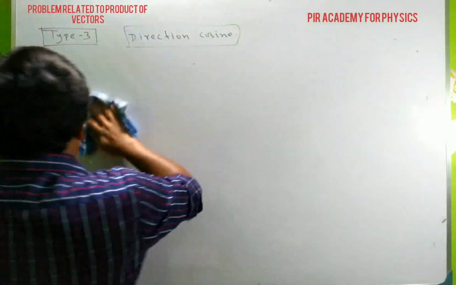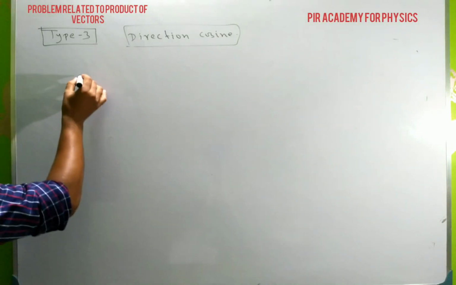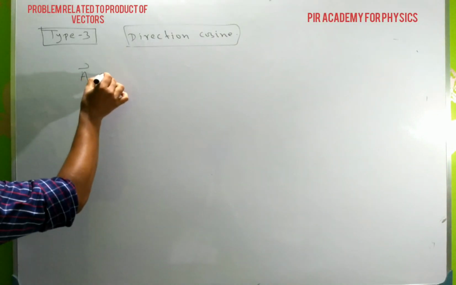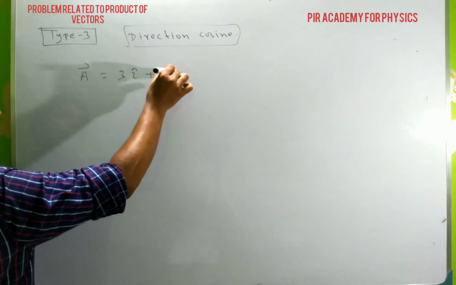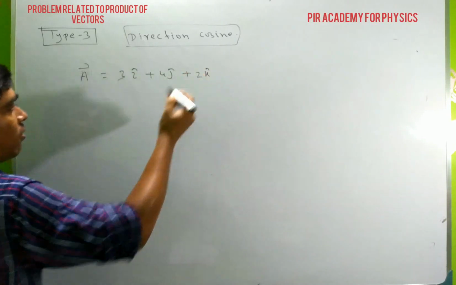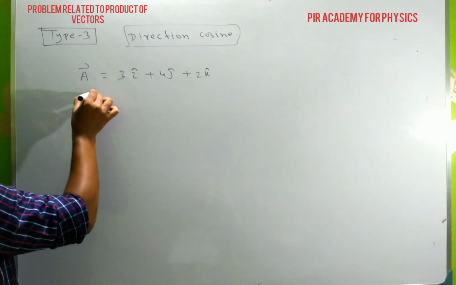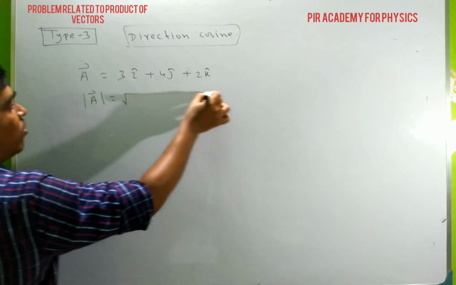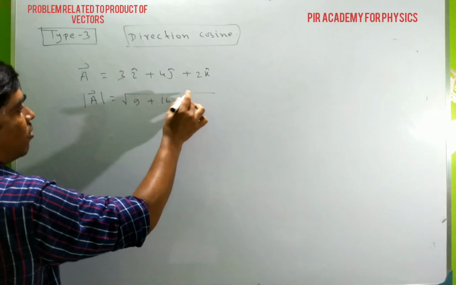Here, one example. Here a vector equals 3i cap plus 4j cap plus 2k cap. That means magnitude of a equals root over 9 plus 16 plus 4.